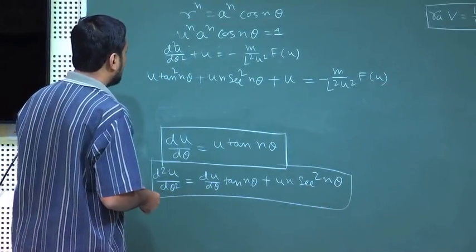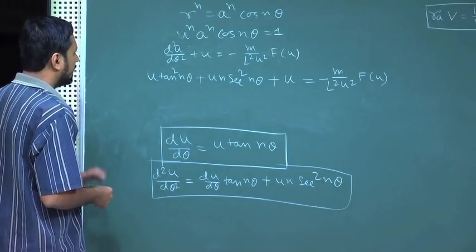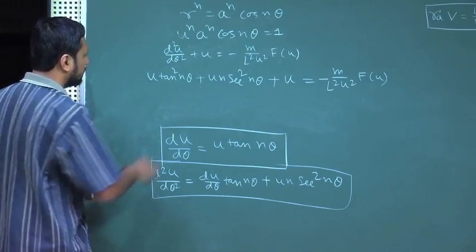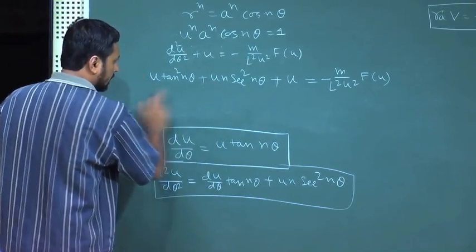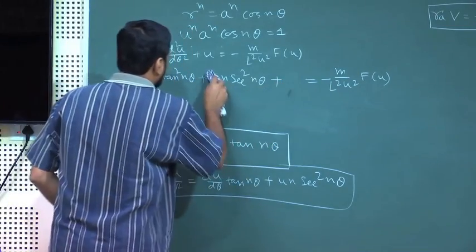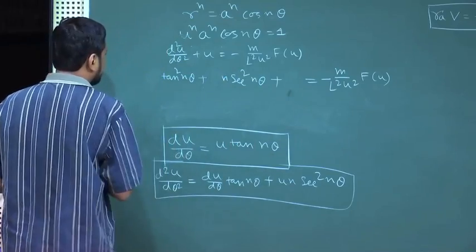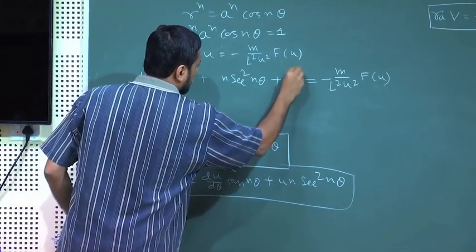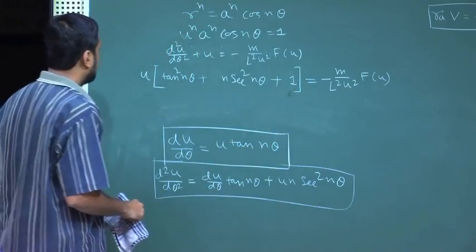Now, what do we do? We have to take u common from all these expressions. If we do that, we have 1 here.